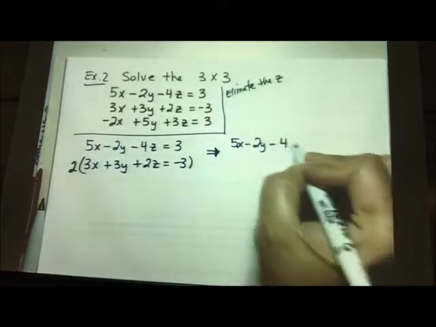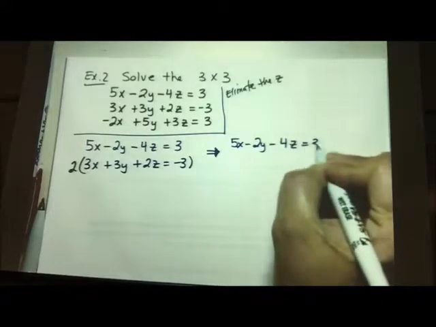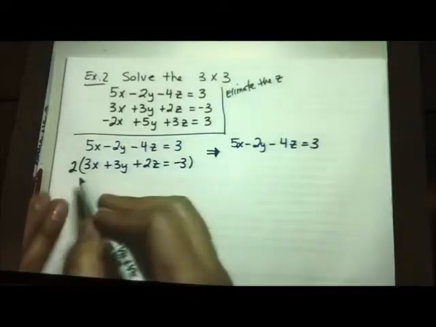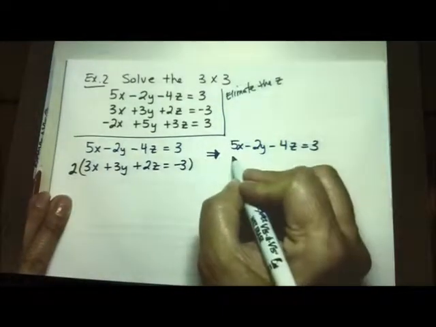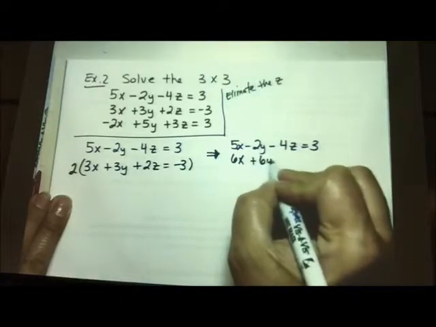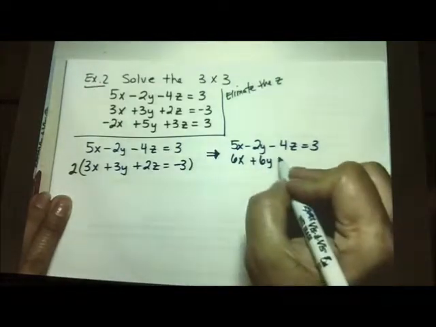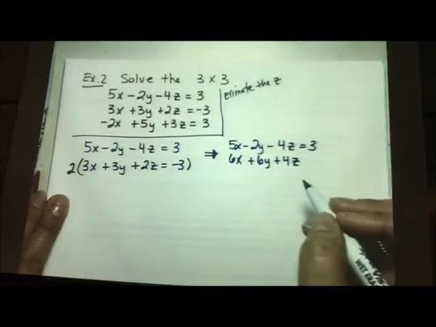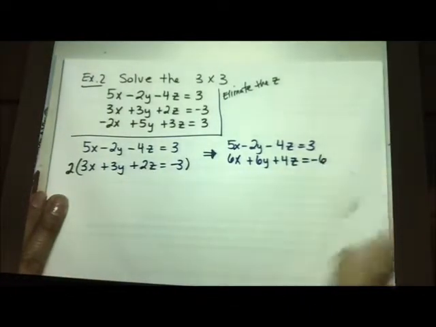And there's going to be a lot of rewriting in this lesson, so I'm already giving you a heads up. 2 times 3x is 6x. 2 times 3y is 6y. 2 times 2z is a +4z. And 2 times -3 is a -6.